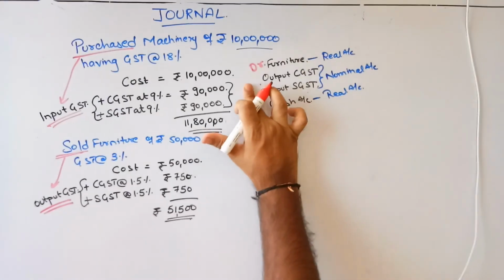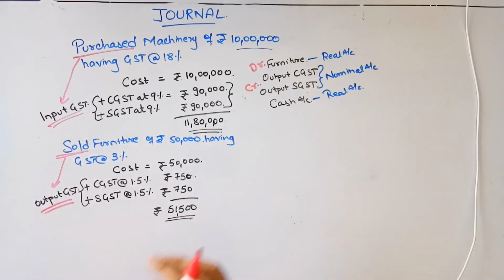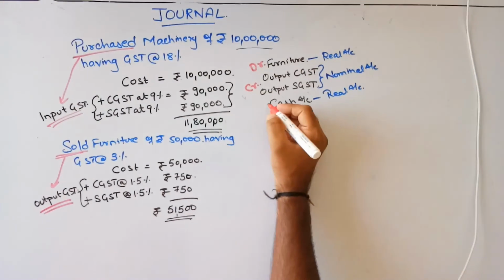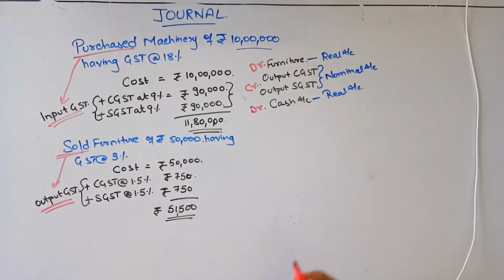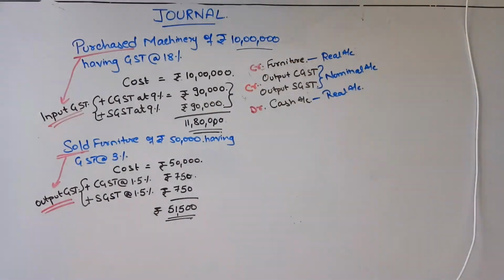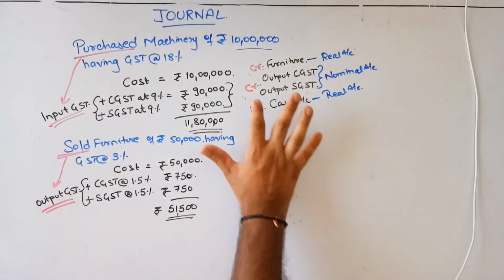I'm sorry, this will be credited. Okay, and your cash account, how much is your cash account? Total of the cash account. Okay guys, so this will be your debit. I'm sorry, I wrote it wrong over here. Furniture will be your credit, sorry, because furniture is going out. Debit what comes in, credit what goes out. Furniture is going out, so it will be your credit account. Okay, and GST is your output GST, which will be your nominal accounts. Very good. So sorry, over here furniture will be credit, and your GST will also be your credit accounts.